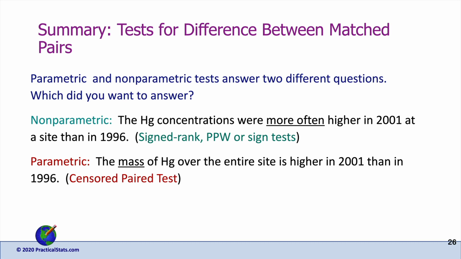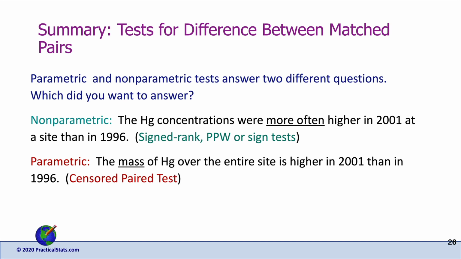So to summarize these tests for difference between matched pairs, they answer two different questions depending on whether you use the parametric or the non-parametric tests. The non-parametric tests, the three that we introduced, are looking at whether concentrations are more often higher in one group than the other. So that's a frequency question.